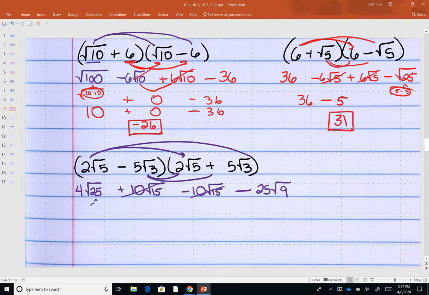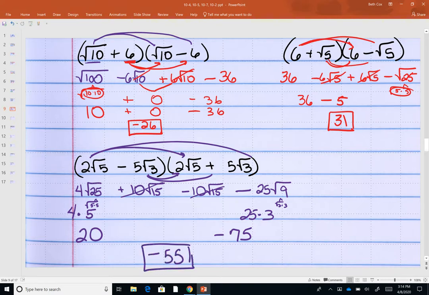That's going to simplify. The 4's already out. Now the 5 gets out, so I get 20. 25 is already out. 3's get out, and that's minus 75. I have 20 minus 75, which is going to give me a negative 55.